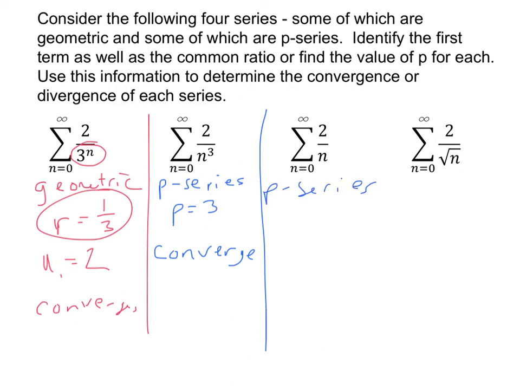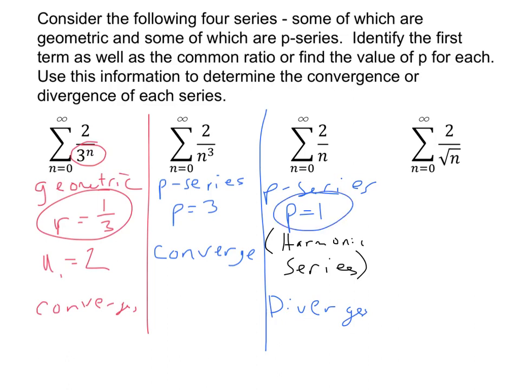This is a p-series for p equals 1, and you remember we had a special name for this. This is the harmonic series. And the deal with a harmonic series is that it diverges. Specifically, when the p-series has p equals 1, we know it's going to diverge, but you could also memorize it as, hey, it's the harmonic series, I know that that one diverges.